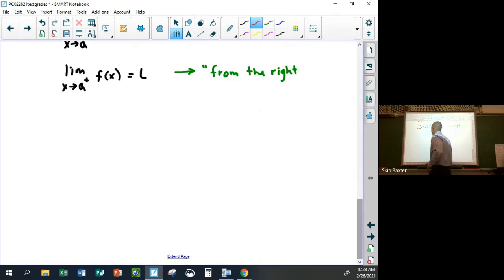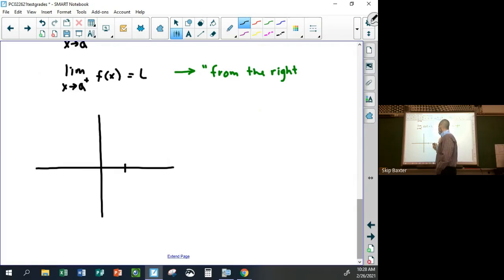Okay? So you might have something like, suppose you had a piecewise function, which we've talked about. And suppose this piecewise function looks like this. Let's suppose it's a parabola that kind of goes like this. But then right when you get to 1, it turns into a horizontal line like that.